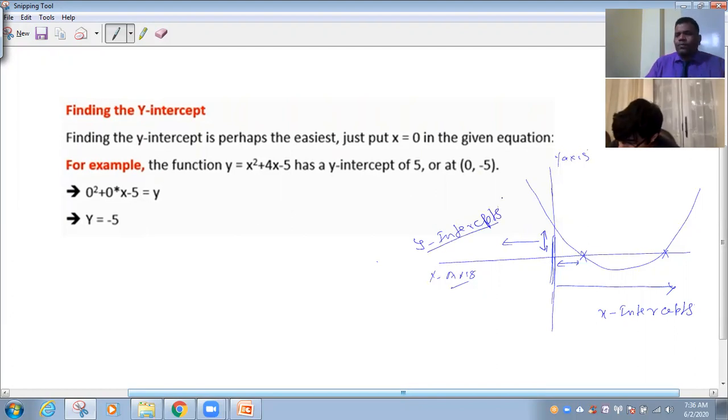Now, here I've taken one numeric example. Let's say y equals f of x, which equals x squared plus 4x minus 5. Now I want to know the x-intercept and y-intercept of this graph.